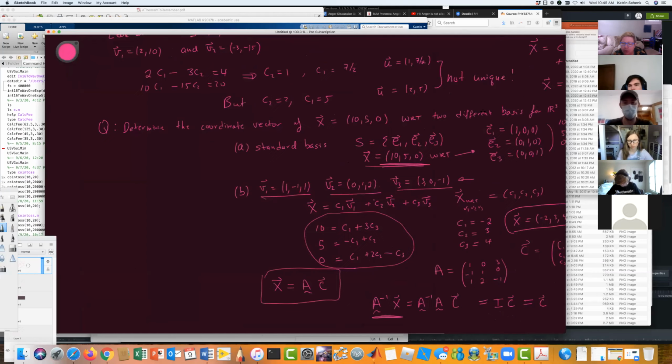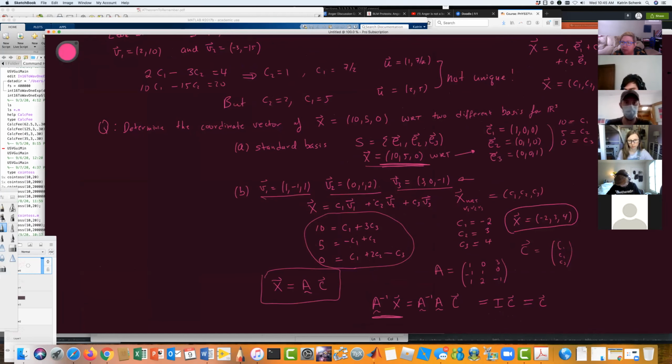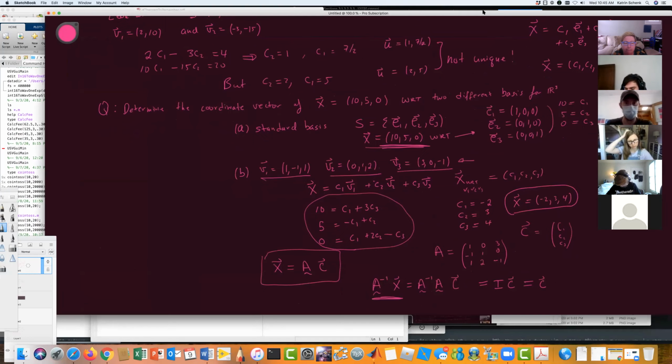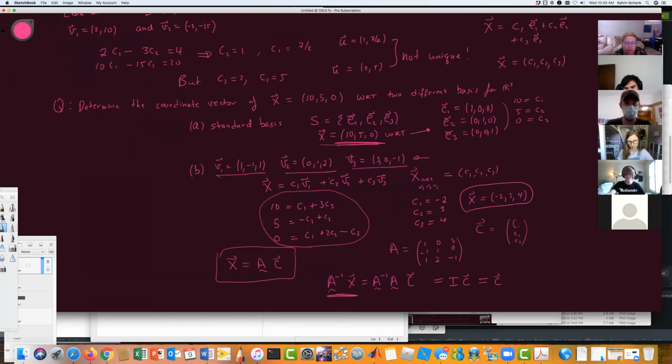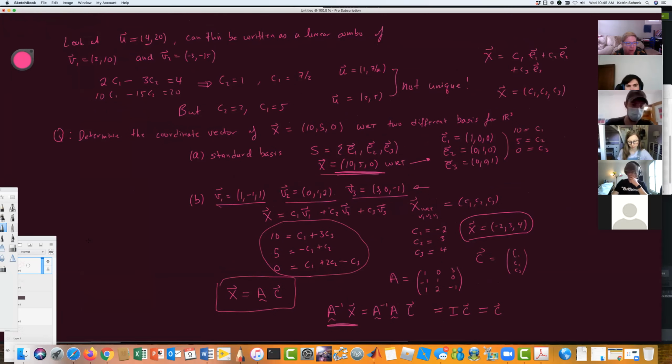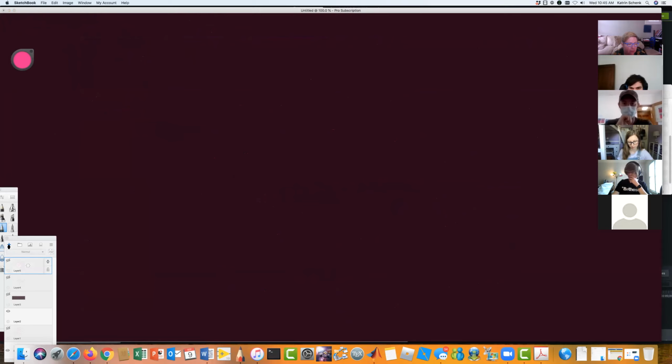Let me pull this out a little bit again. I'm going to make a new layer. We've just done this for our R3, but we can do it for a whole different vector space.